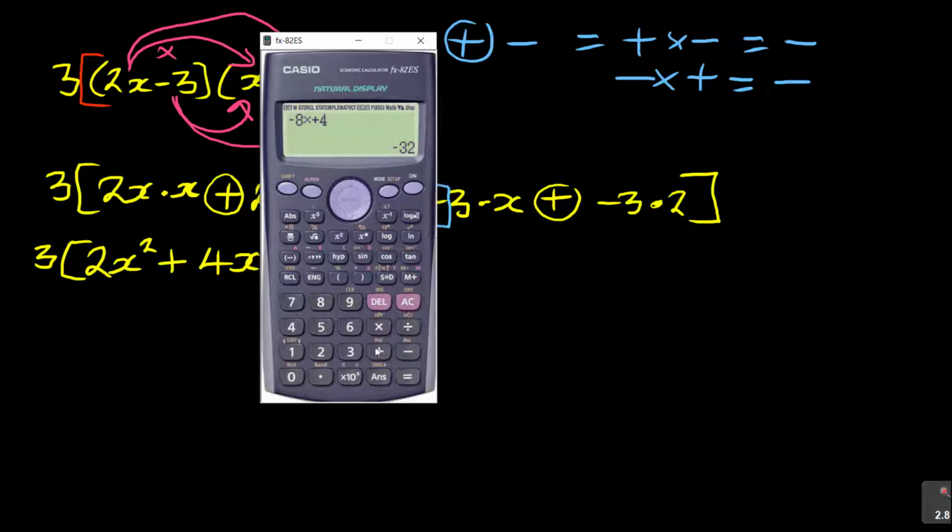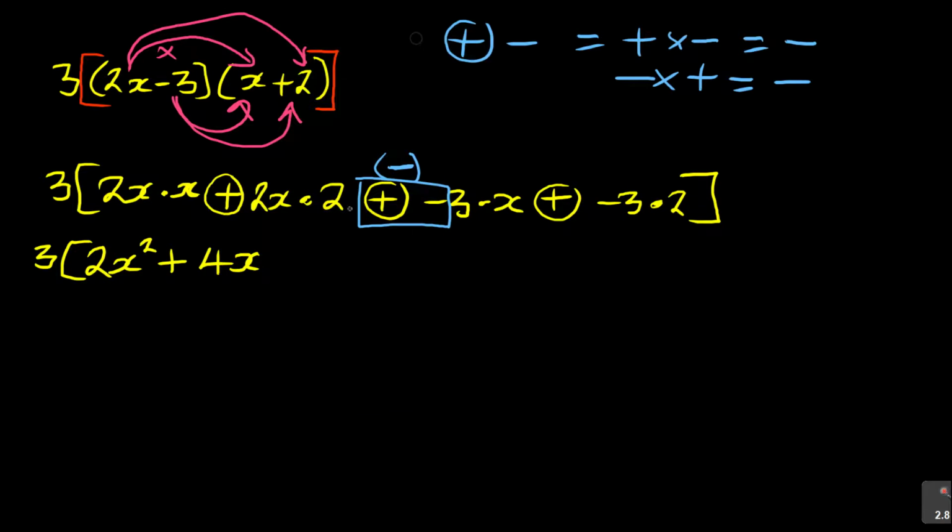Or if I say plus 7 times minus 1, no matter how small it is, the negative always wins. So even here, minus 3 times x is minus 3x. Similarly, negative and positive between negative 3 and 2, you can use a calculator. It will give you 3 times 2 is 6, but the sign is negative.